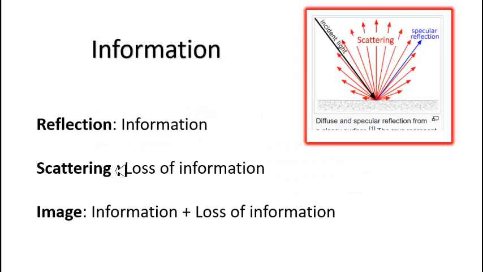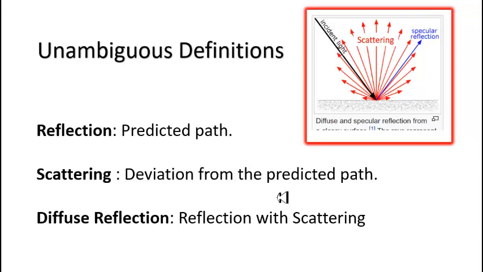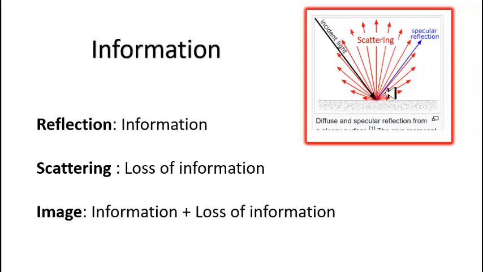Okay, scattering is a loss of information. Reflection is information. So in terms of information, you can think of it this way: the incident light is information. If the reflection is perfect, then you've retained the information, so you can go back and figure out where that light came from. But scattering is a deviation from predicted path, so you can't tell, from a scattered arrow, where the information came from.